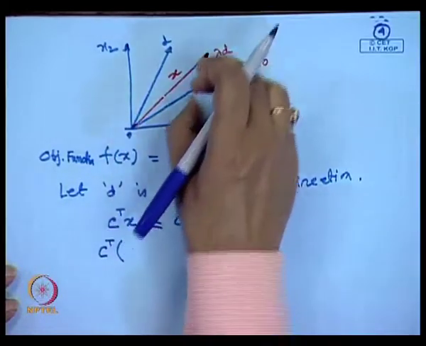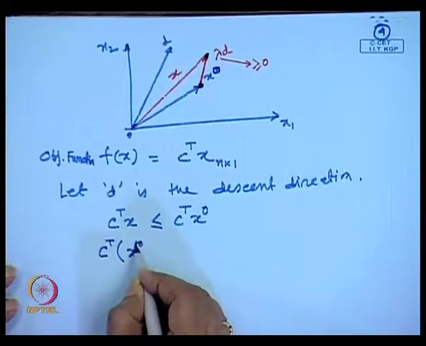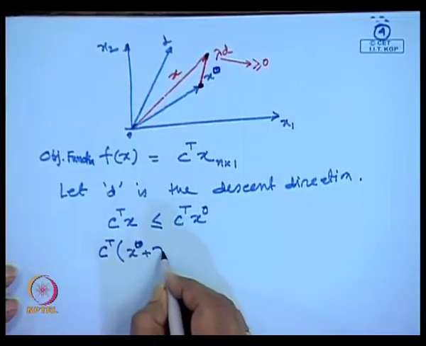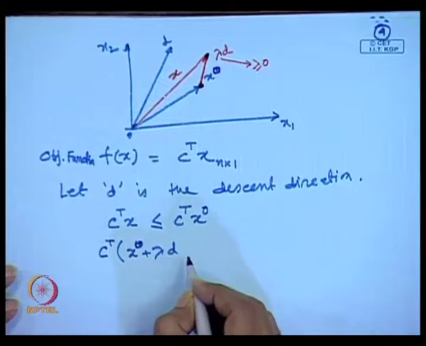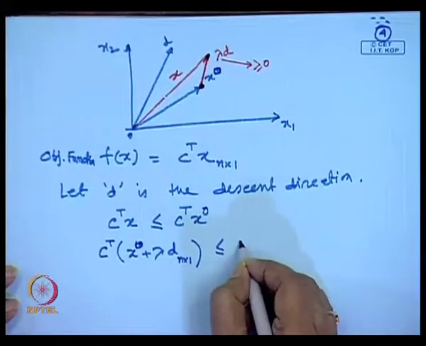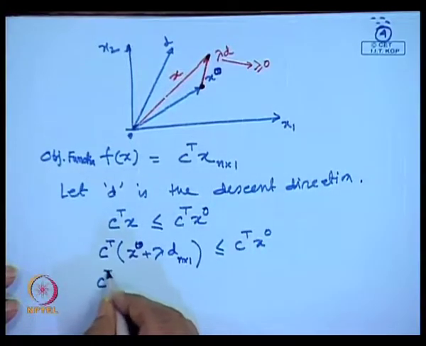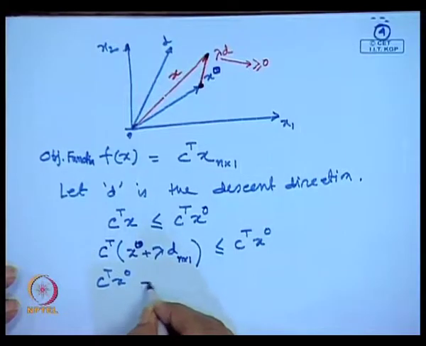This vector plus this vector. So x of 0 plus lambda into d, where d is a vector of dimension n cross 1, is less than or equal to C transpose x of 0, and then C transpose x of 0 plus lambda times C transpose d.